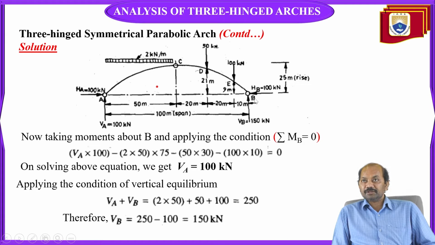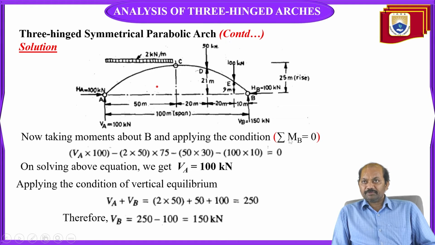The reason is, at support B, a hinge is located. Wherever there is a hinge in structures, as I told you, we find the bending moment comes to be 0. So with that principle, we can write sigma MB is equal to 0.